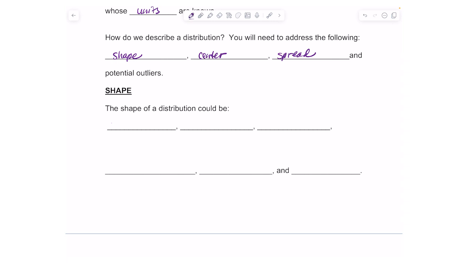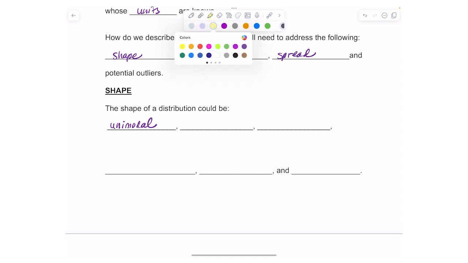Shapes of distributions can be unimodal. So we've got the word mode in there, right? And the mode is the number or numbers in the data set that occur the most. When we're looking at a histogram, we will see a peak.